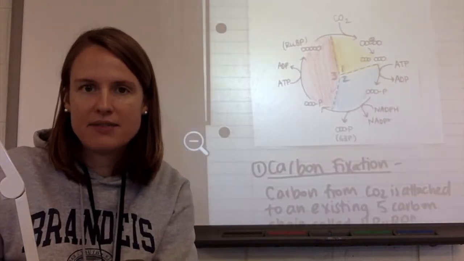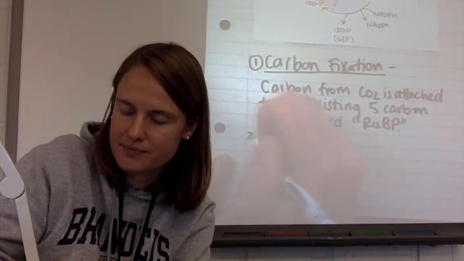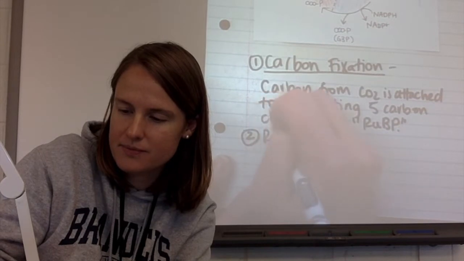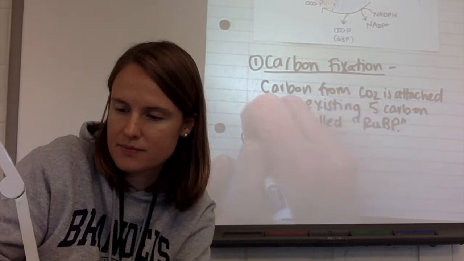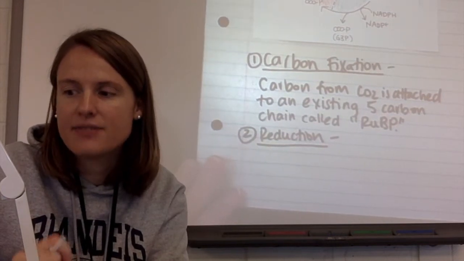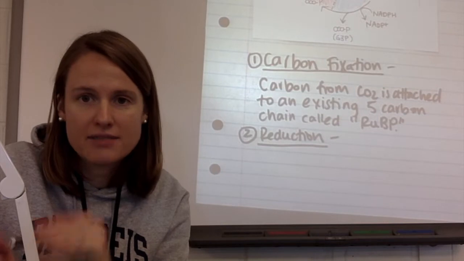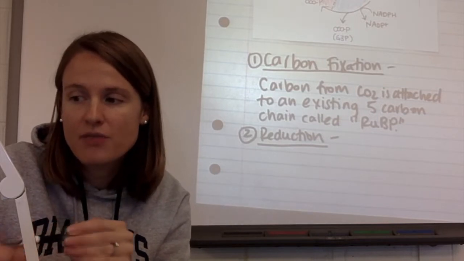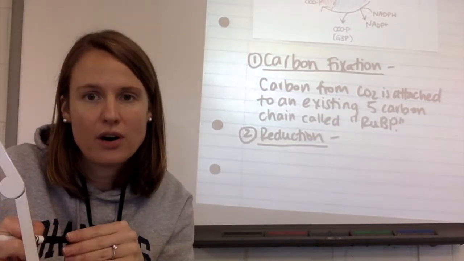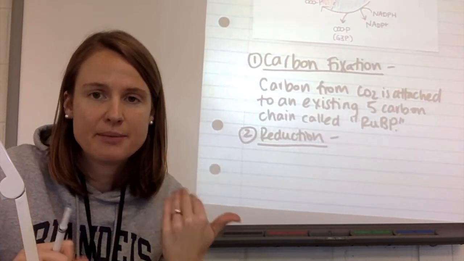So specifically in this process, reduction is a series of reactions that adds phosphate via ATP and electrons via NADPH, forming a 3-carbon molecule called G3P. And G3P is the product of the cycle.